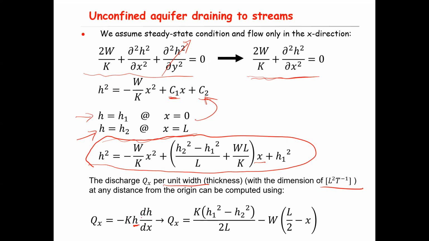Then dH over dx you can easily calculate from this equation. You have the equation already, you multiply it again by the H, and if you do the math, you will end up with this equation. Qx will be equal to this term, which relates the discharge per unit width to K, H1, H2, L, and W at any given distance x from the origin.